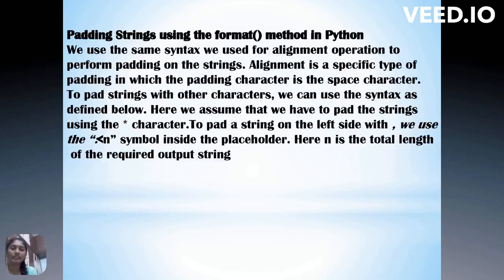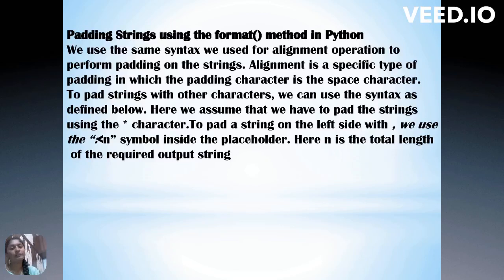Next, padding strings using the format method in Python. We use the same syntax we use for the alignment operation to perform padding on the string. Alignment is a specific type of padding in which the padding character is the space character. To pad strings with other characters, we can use the syntax as defined below.